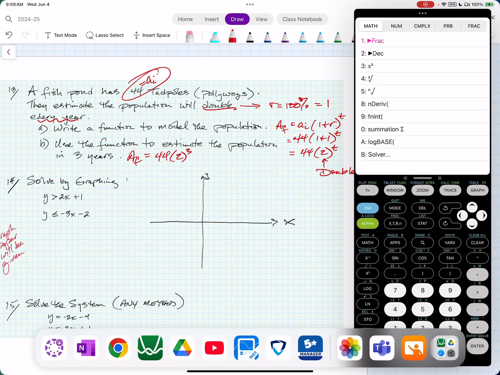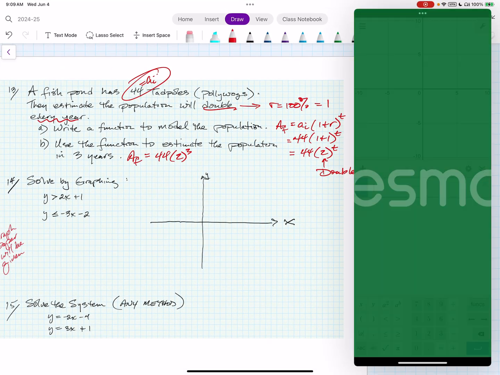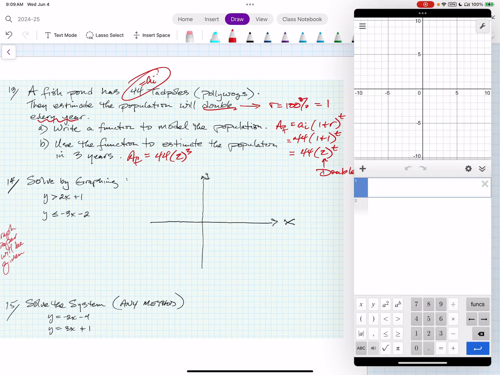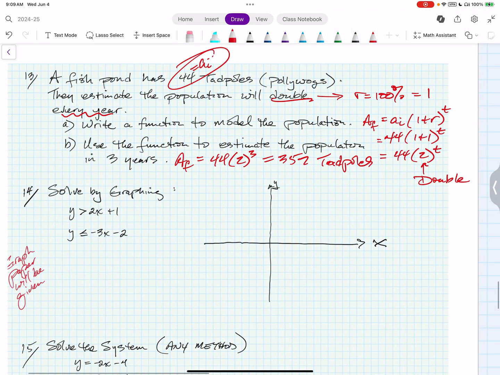Let me bring in Desmos one more time. There we go. So you type it in. 44 times 2 to the 3rd power, because there's 3 years. And there's going to be about 352 tadpoles. There we go. All right, because you're doubling.